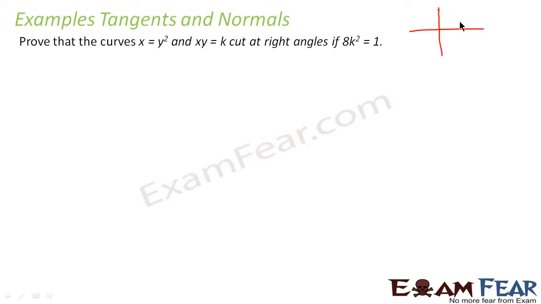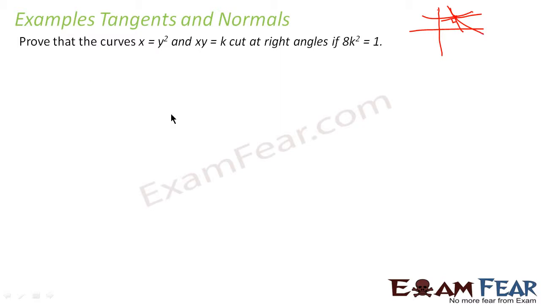So let's suppose these are my two curves, correct. The question says we have to prove that these two curves cut at right angles. That means the tangents to these curves at the point of intersection are perpendicular.